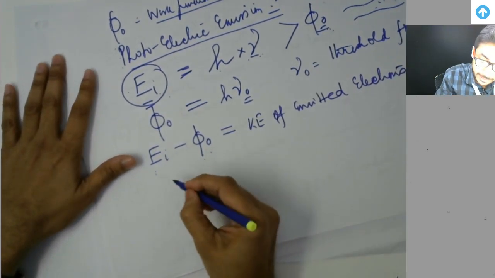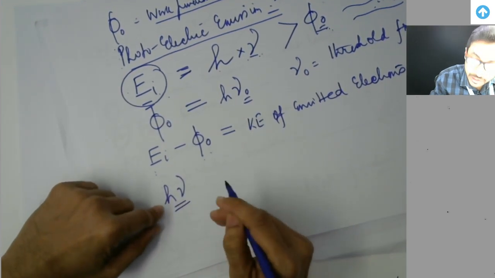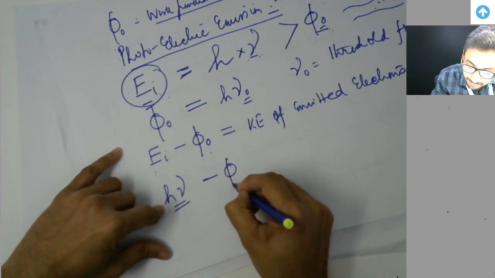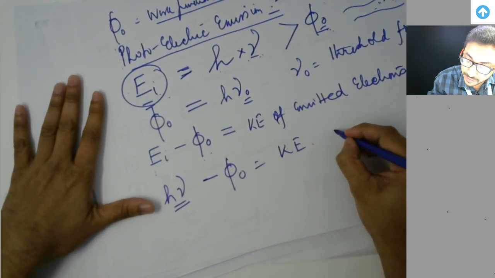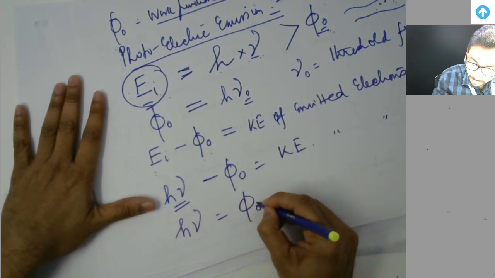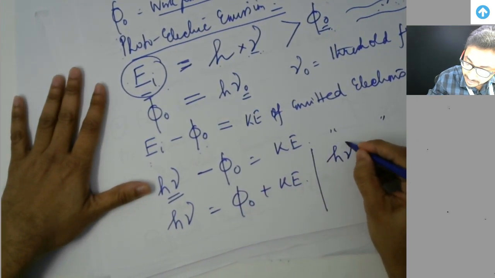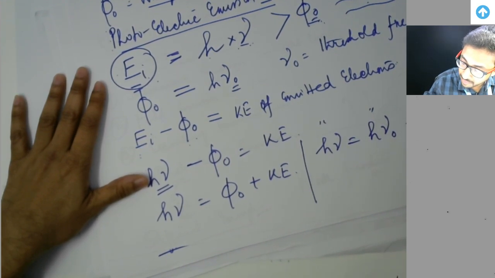So we can write that h nu, the energy provided by the photon, minus phi 0 equals the maximum kinetic energy of the emitted electrons. That is, h nu equals phi 0 plus kinetic energy. And phi 0 is nothing but h nu 0, so h nu equals h nu 0 plus half m v square maximum.